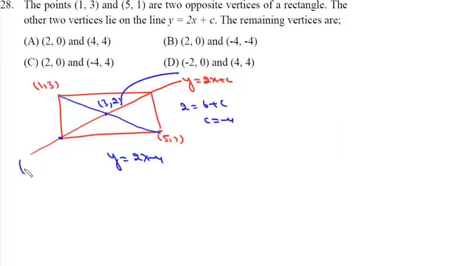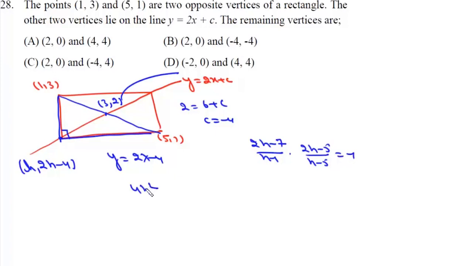Now we'll take this point as (h, 2h minus 4). Now the product of slopes here is minus 1. So we'll write slopes. It'll give us (2h minus 7) upon (h minus 1) into (2h minus 5) upon (h minus 5), and will be equal to minus 1. Now it will be 4h square, now this is 14 minus 10, so there will be minus 24h plus 35, and here will be minus h square plus 6h minus 5.